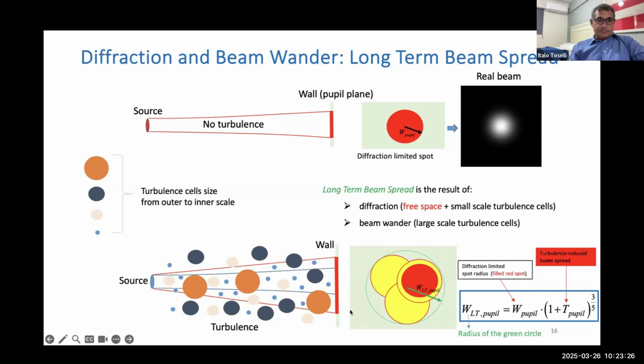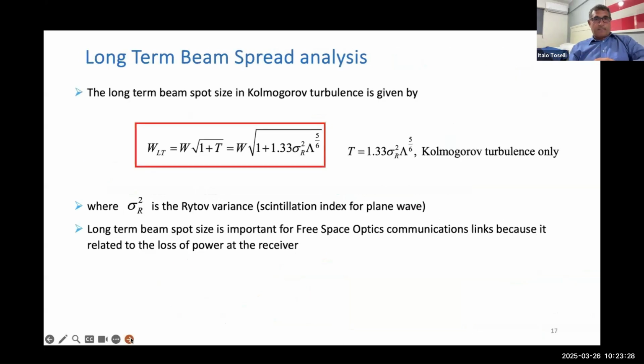Okay, so I have to speed up a little bit, I guess. So the long-term beam spread can be calculated using what is called, I don't have time today to talk about this, but usually we use, in the weak turbulence regime, what is called the Rytov method.